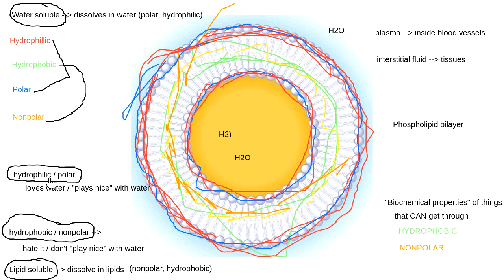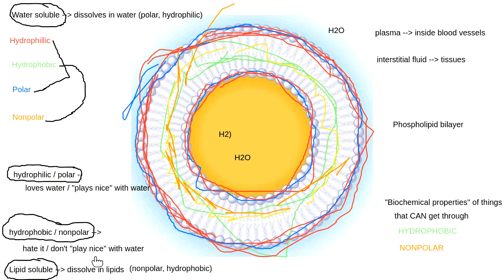If I have a charge, I would or would not play nice with water. If I have a charge, I would or would not want to be surrounded by water. If I'm a sodium plus, Na plus, or a Cl minus.